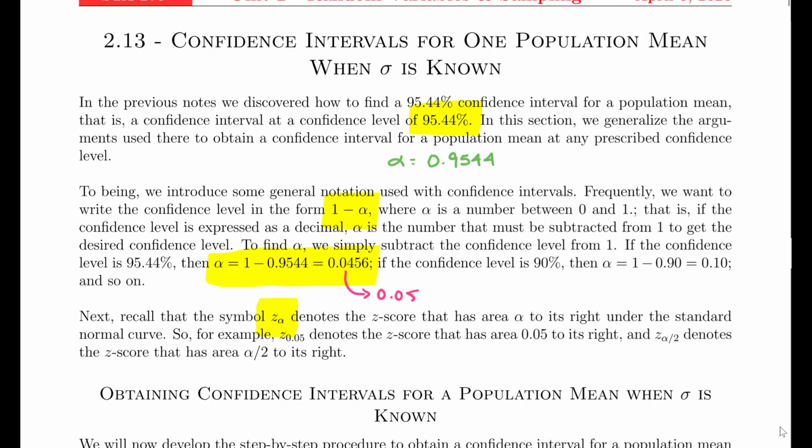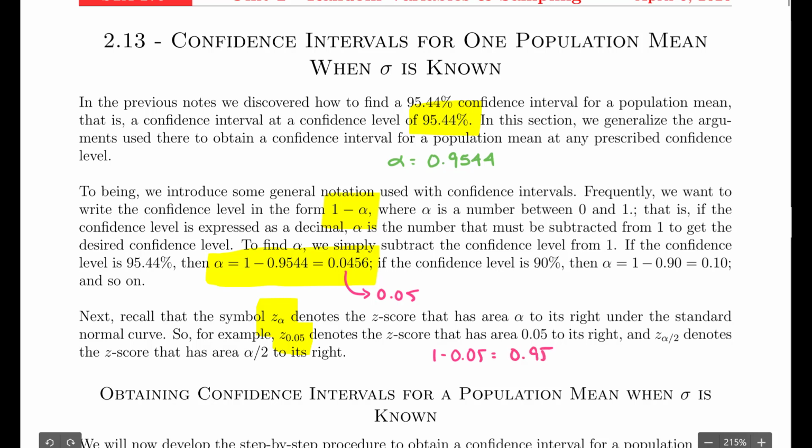So if we were wanting to find the z-score that corresponds to z sub 0.05, what we want to do is first consider 1 minus 0.05 is 0.95.